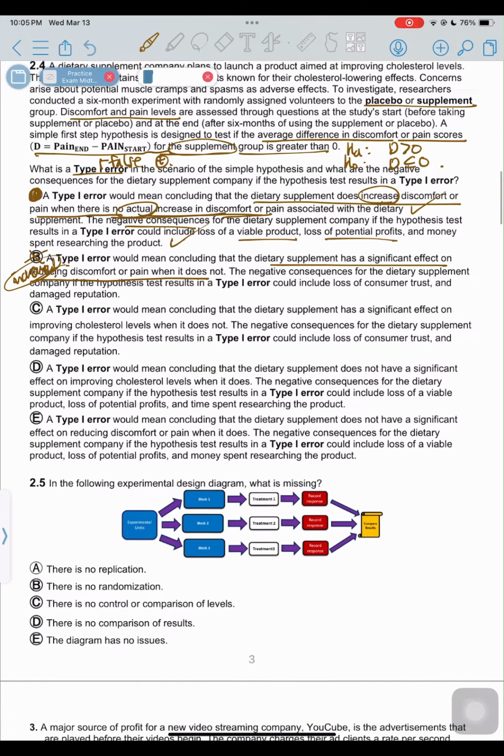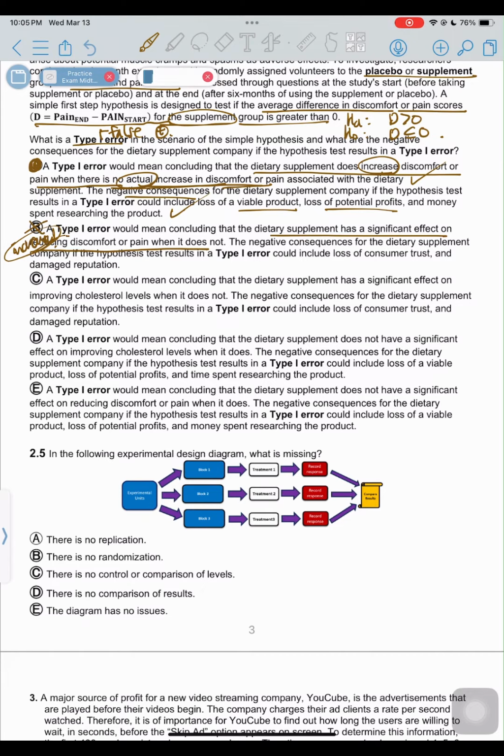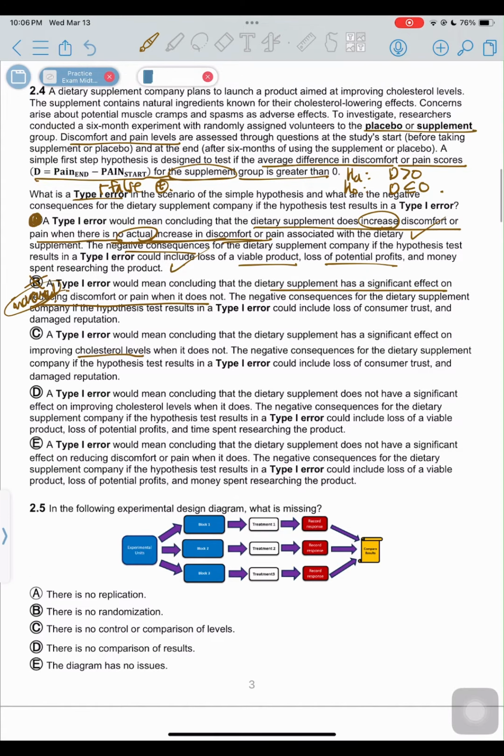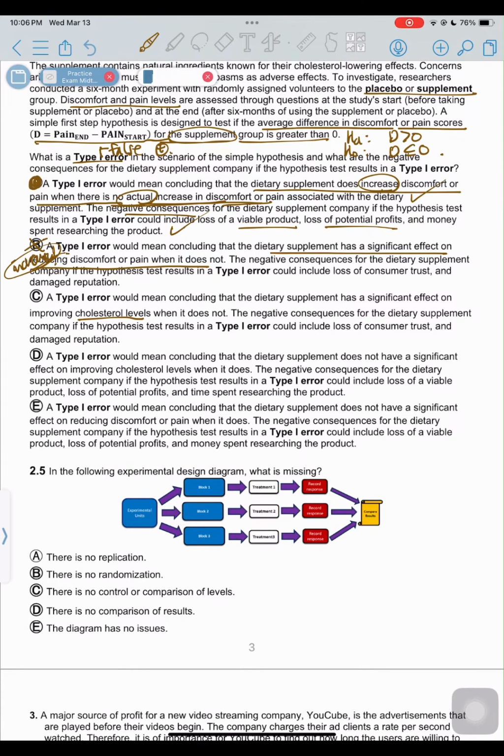So C, and then significant on improving the cholesterol level. Are we interested in cholesterol level? I thought it was discomfort and pain level. So, okay, cholesterol level does not have anything to do with this problem. So C is not right.